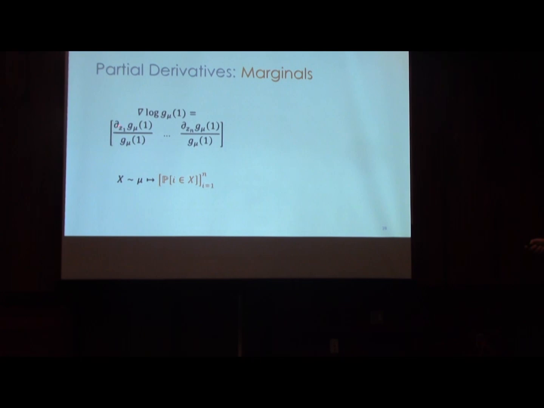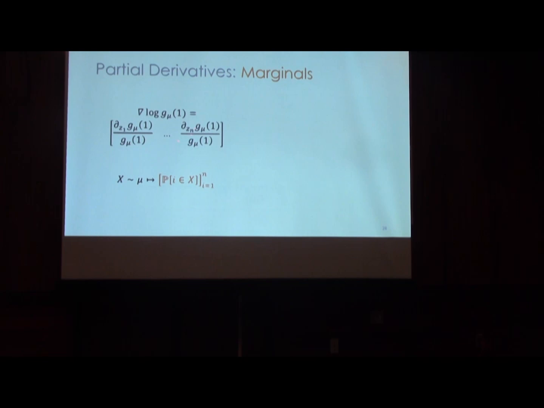So you take the partial derivative with respect to z1, which gives you the terms that do have z1, and you divide it by the generating polynomial itself, and evaluate it at 1. So this would be exactly the terms that have z1, and this would be all of the terms. So the ratio would give you the probability of 1 being inside the random set that you're choosing.